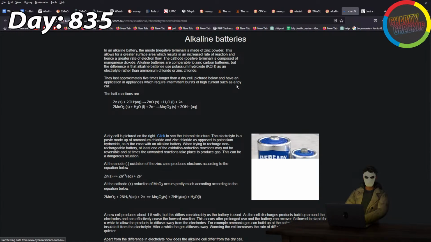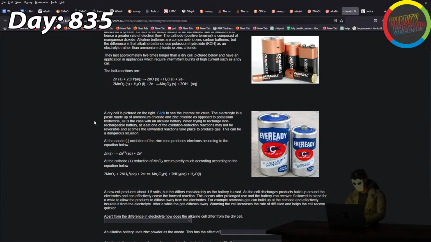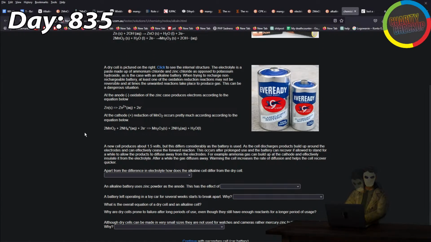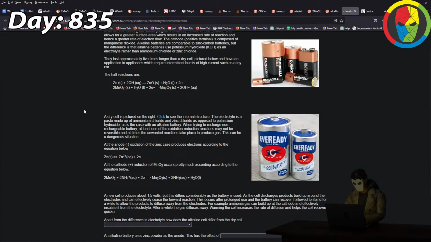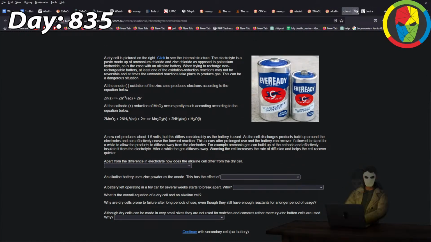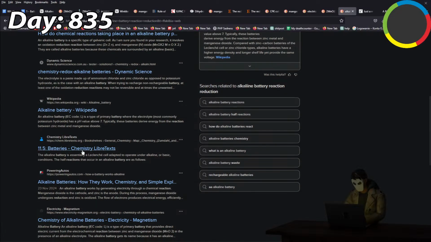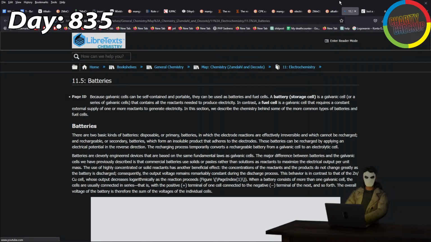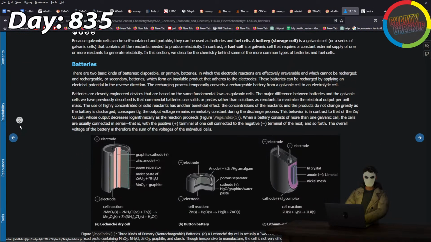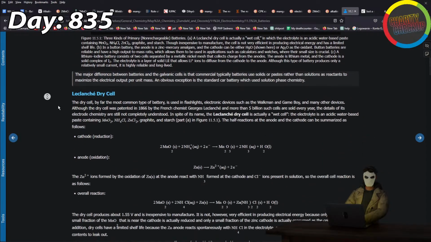Color me intrigued. No. LibreText! Oh, my beloved. Why didn't I think of that? It's been a while since I researched something. I should have led with LibreText.